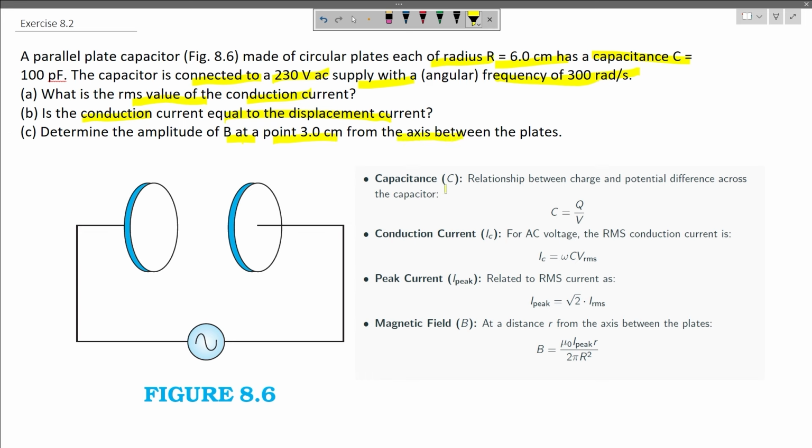Now we know that capacitance is a relationship between the charge and the potential difference across the capacitor, and it is given by C equals Q by V, where Q is the charge and V is the potential difference.